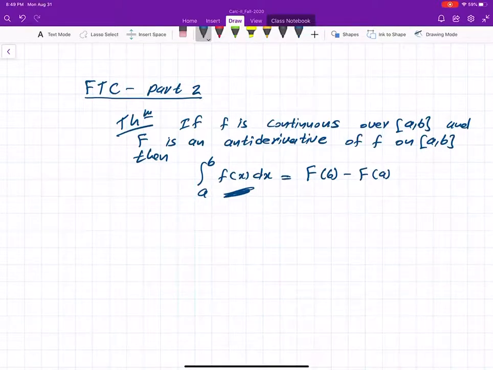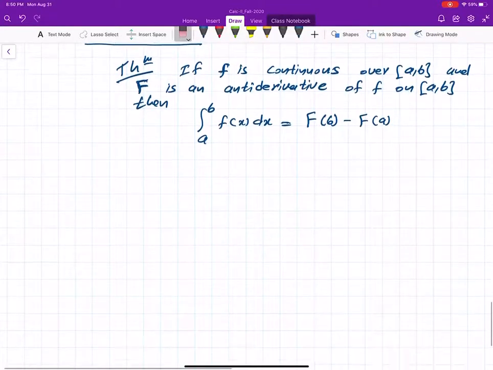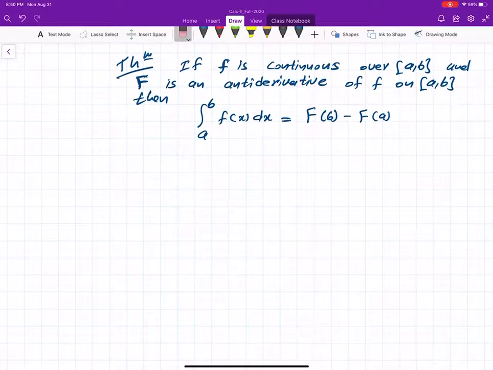Uppercase F is the integrated function of lowercase f, and then you substitute the upper bound minus the lower bound. That is the fundamental theorem of calculus part 2. Directly moving to examples.